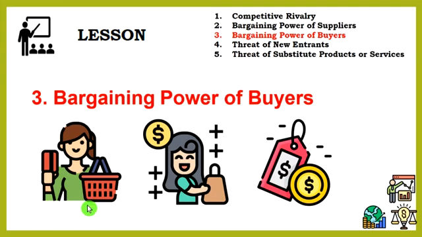So the consumers have power when there are not many of them, but lots of sellers, and when it's easy to switch from one business's products or services to another. Buying power is low when consumers purchase products in small amounts and the seller's product is very different from any of its competitors.